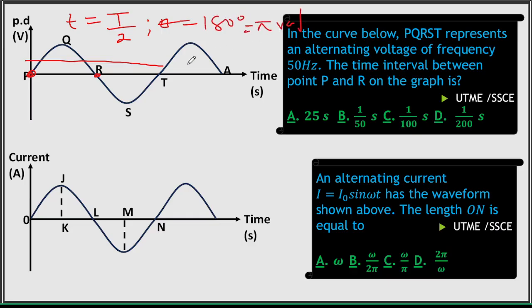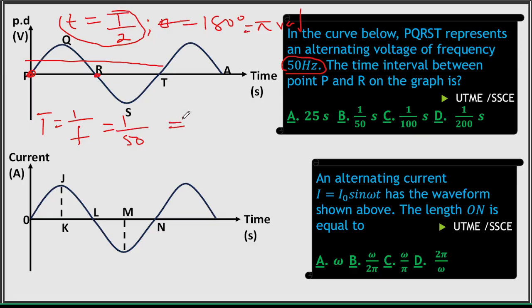Do you remember? Now we are given frequency, and I know that period is equal to 1 over frequency. That means 1 over 50. But this is what I'm looking for: t is equal to half of the period.